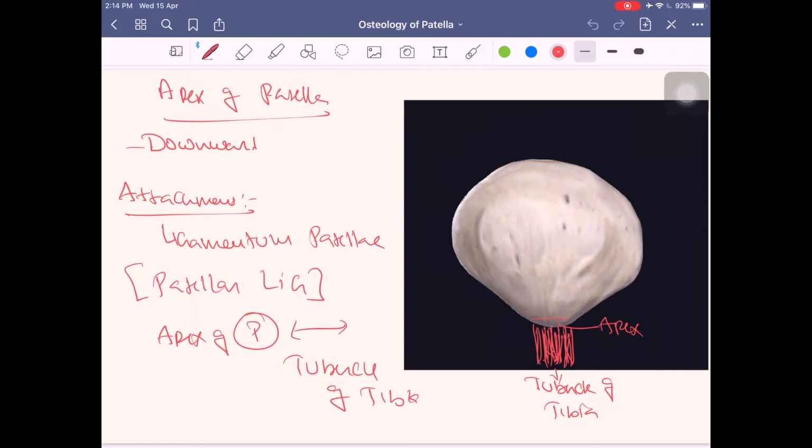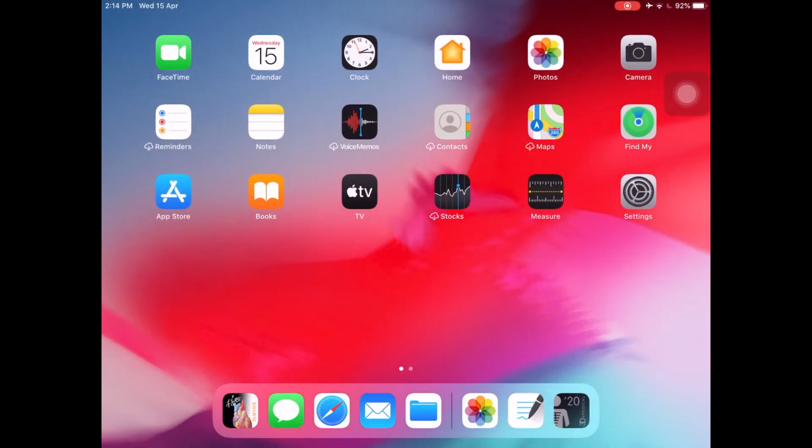So ligamentum patellae is the extension of your quadriceps femoris. So your rectus femoris, vastus medialis, vastus lateralis, and vastus intermedius, all these tendons come down and they insert onto the various locations or borders of the patella, and then it continues down from the apex as a common tendon, and that common tendon is what we call as a ligamentum patellae. So let us see now in the app.